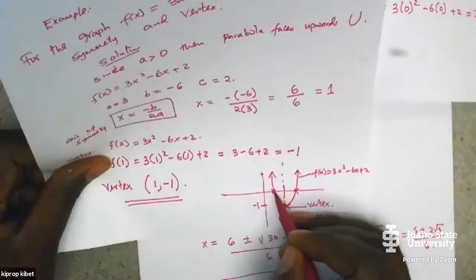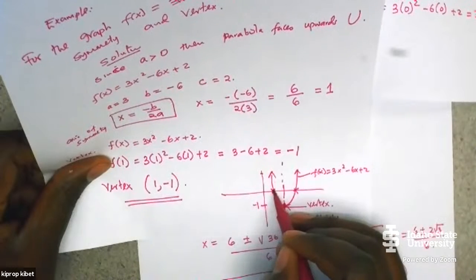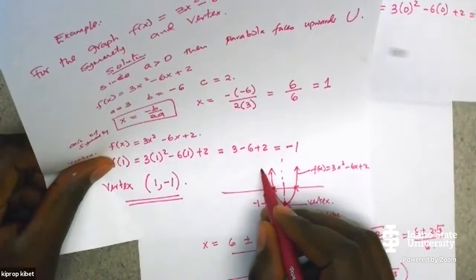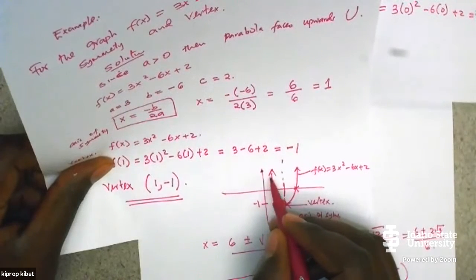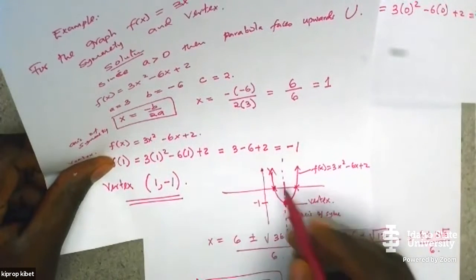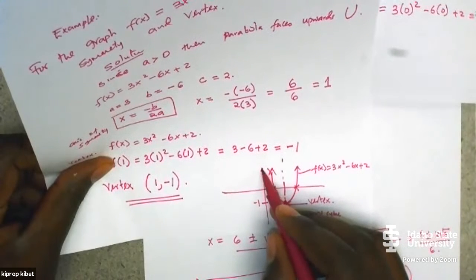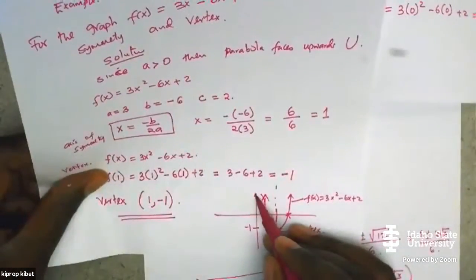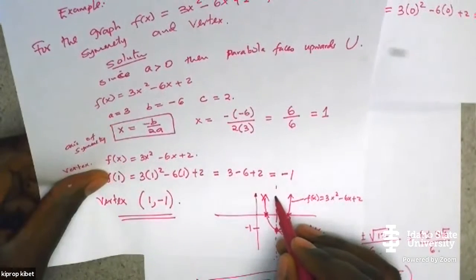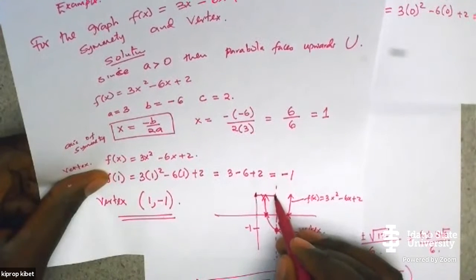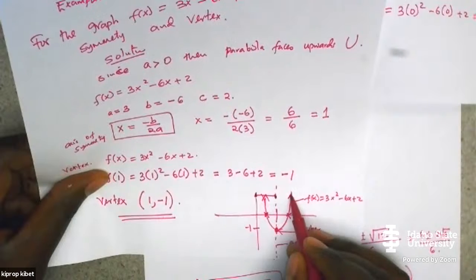Since it is symmetric, the point from this, and then again, it is also passing through. If it is passing through here, this point 0 for the y and x, and 0 and 2, then from that point up to this point here is similar to from this here up to this point, which is passing through.